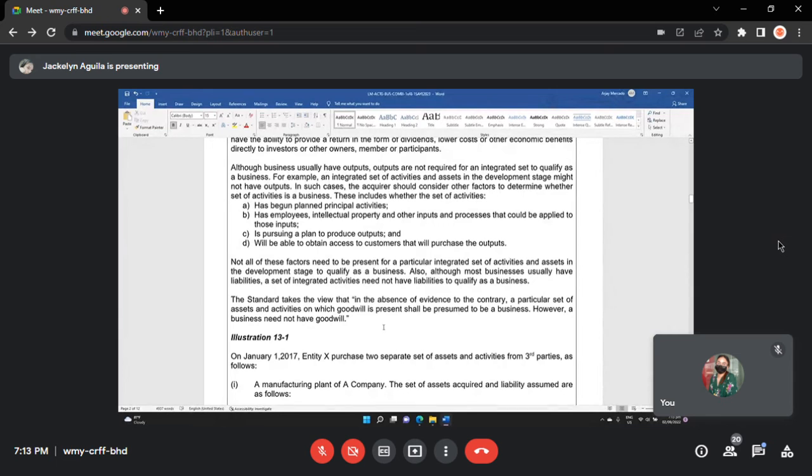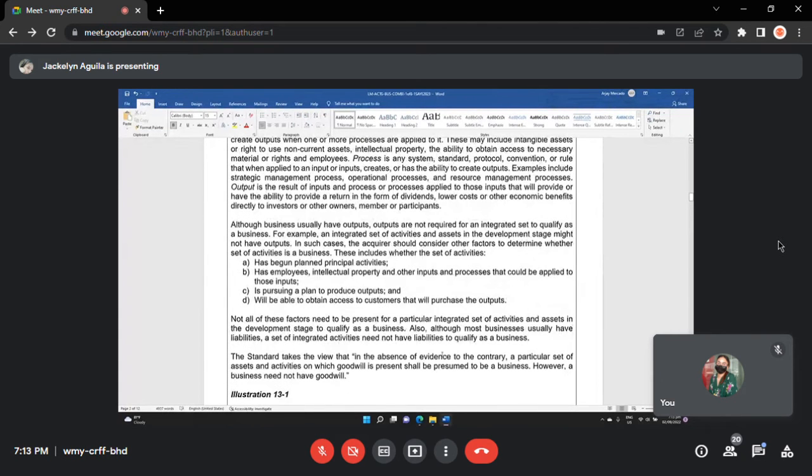Although businesses usually have outputs, outputs are not required for an integrated set to qualify as a business. For example, an integrated set of activities and assets in the development stage might not have outputs. In such cases, the acquirer should consider other factors to determine whether the set of activities is a business.